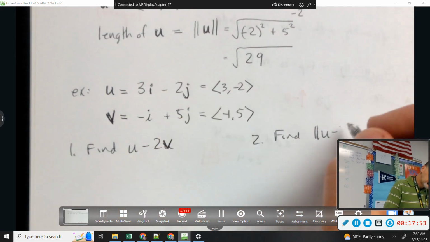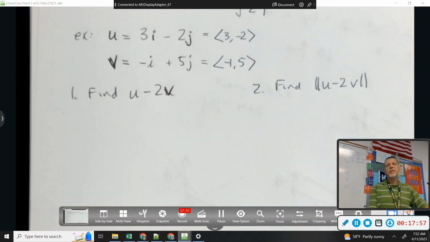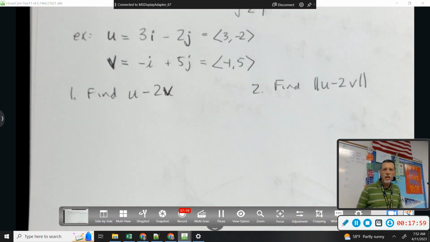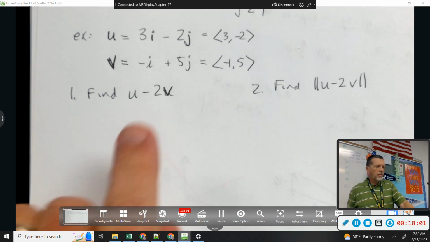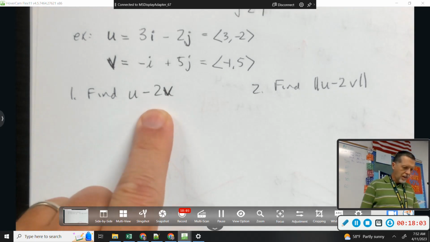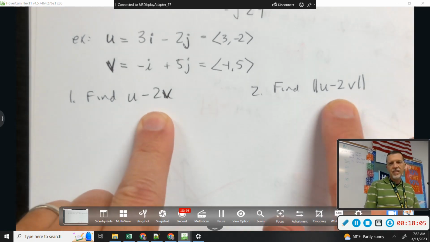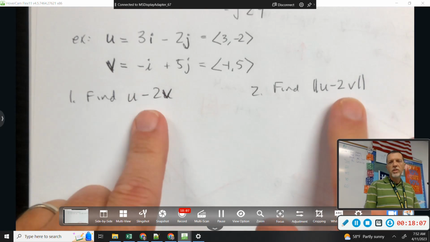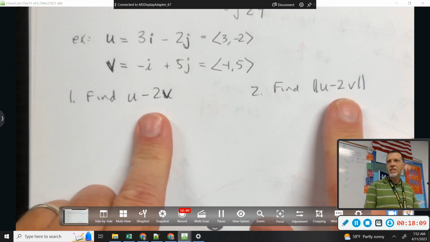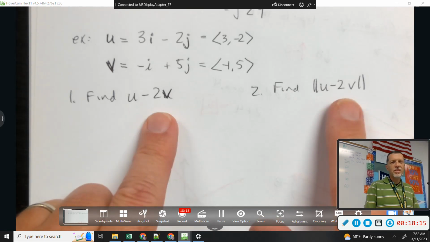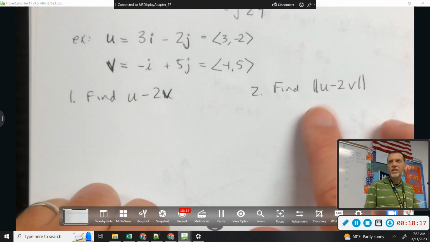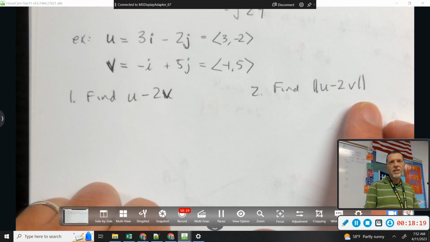Alright, we're going to find 2 related things, but not the same thing. So we're going to find this, and then we're going to find this. Can you put into words what the difference between those 2 things is? They're both u minus 2v, but this one's got those bars around it. What do the bars mean?